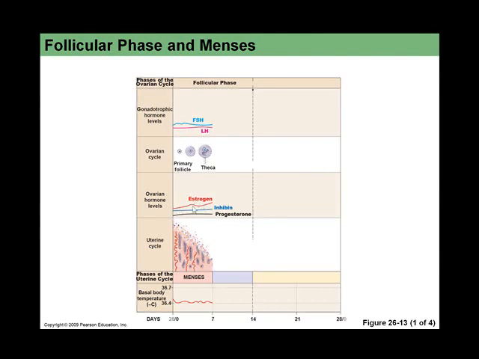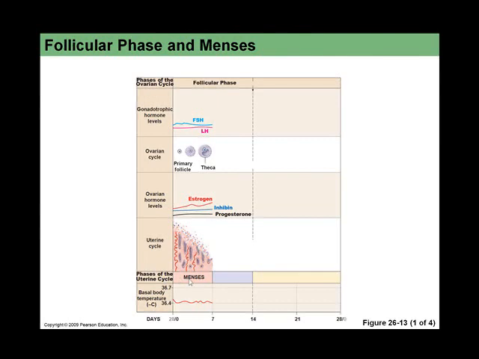The follicles are only being recruited and starting to develop, so the hormonal levels are going to be low: estrogen, inhibin, progesterone. They cannot sustain the endometrium, so the endometrium is going to be lost during the menstrual phase of the uterine cycle. So here you see the phases of the ovarian cycle and the phases of the uterine cycle.